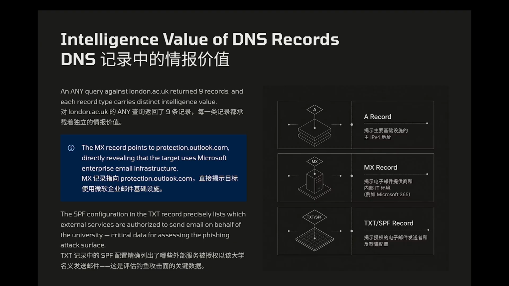This tells us exactly which servers are authorized to send emails on behalf of the university. For a security professional, that is crucial for assessing vulnerability to email spoofing and phishing campaigns.